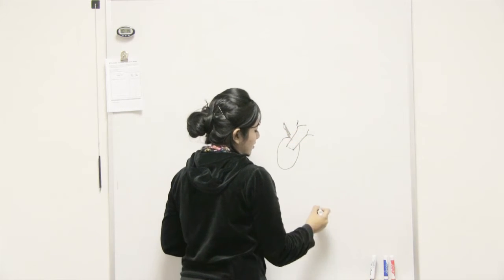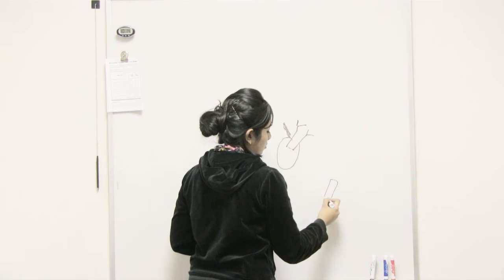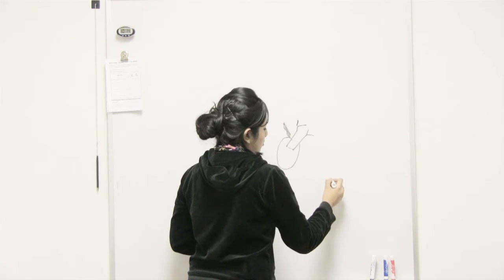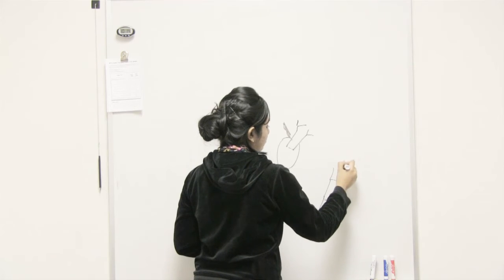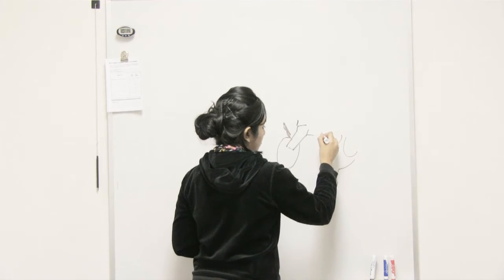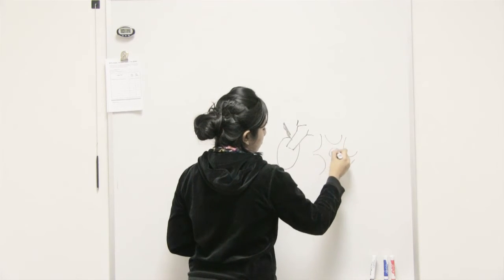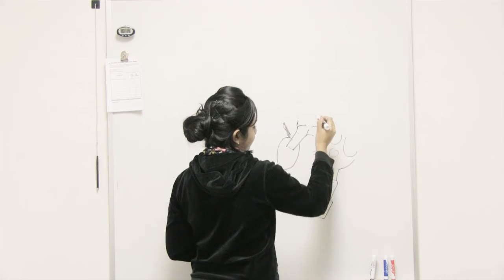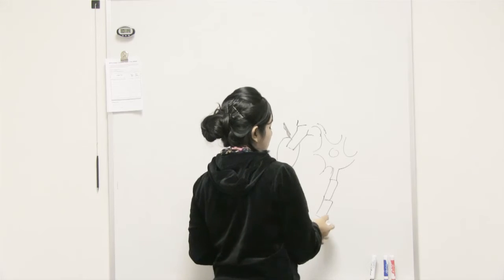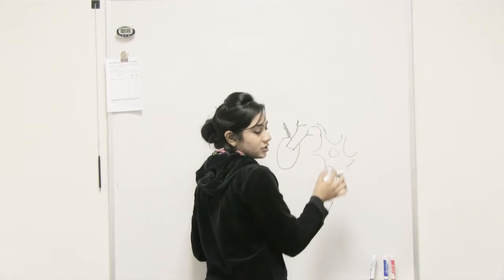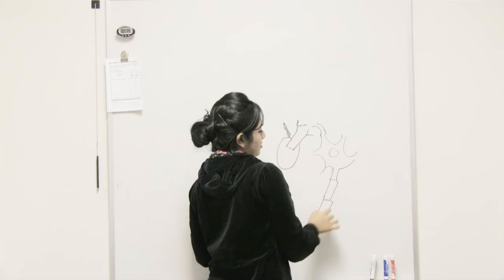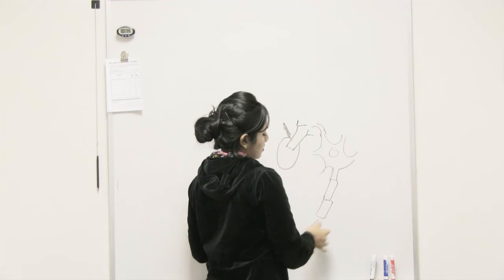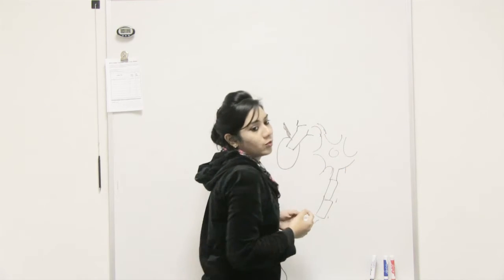When pain impulses are coming, for example, these are the cells. You get this impulse right here. It's connected with other neurons. So what happens is you get the impulses, and these impulses are carried by opioids.